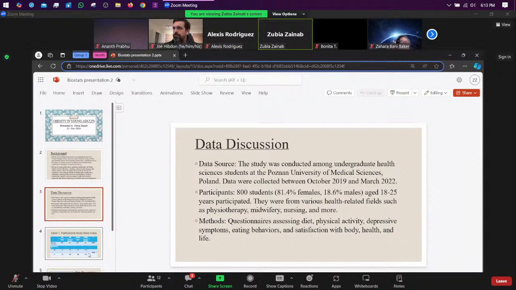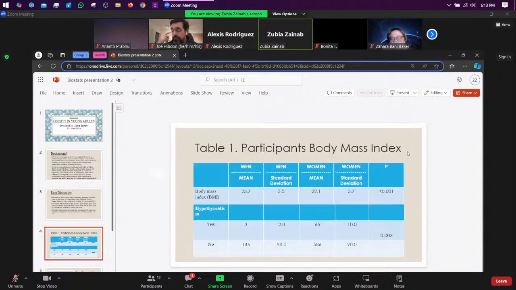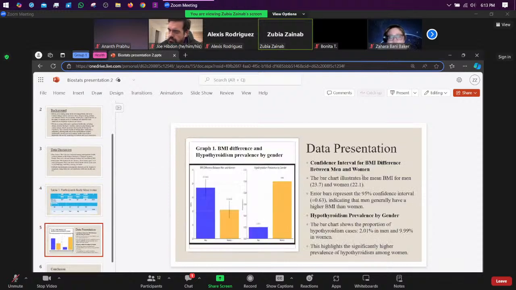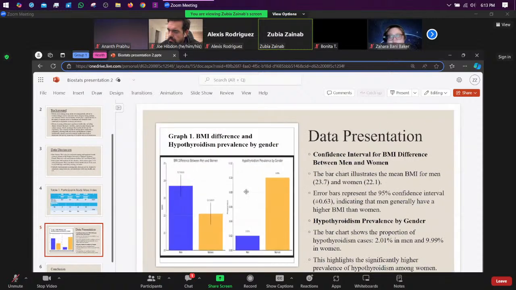Next, I considered the BMI, which is body mass index, of the students, and the hypothyroidism. From that, I came to the conclusion that the bar chart here illustrates the BMI difference between men and women, and the bar graph contains the mean BMI of men and women in the data sets.